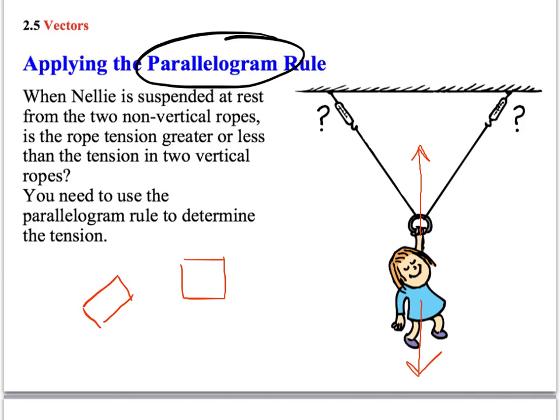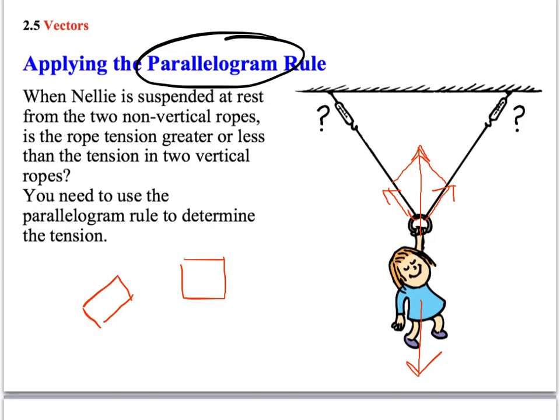I'm going to take this arrow going upwards and the two strings holding her up and turn that into a parallelogram. Just like this. Now, if I take the portion of the string inside that parallelogram, like so, put an arrow on that, that represents the force, the tension on that string.